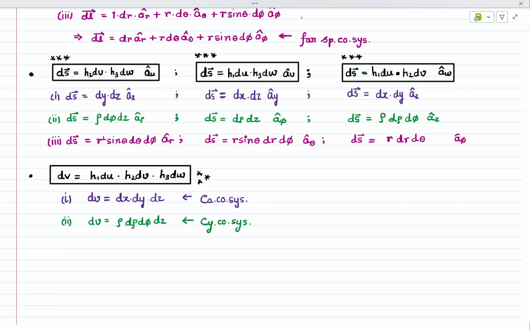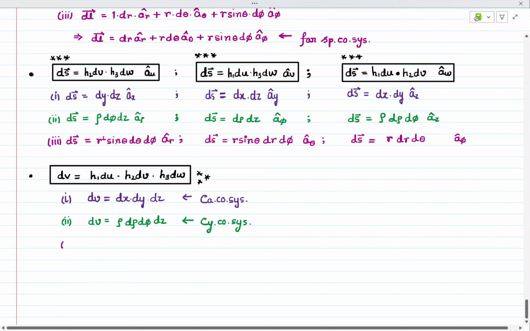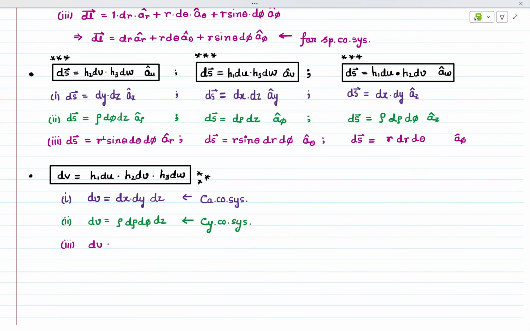Now the last coordinate system is the spherical coordinate system. In the spherical coordinate system, dv will be h1 into h2 into h3, that will be 1 into r into r sine theta, that is nothing but r square sine theta, and du into dv into dw is nothing but dr d theta d phi.